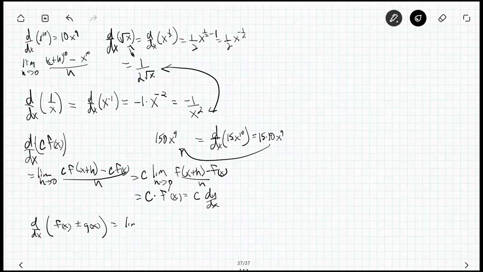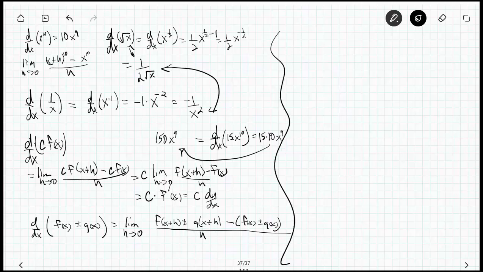This is going to equal the limit as h approaches 0 of f of x plus h plus or minus g of x plus h minus f of x plus or minus g of x all over h. Well, let's go up here. This is equal to what? Well, look what I can do.